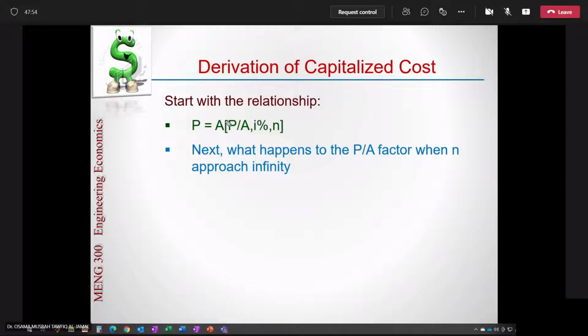Let me repeat again. We want to find that factor. Say, for example, the annuity is equal to 1,000, we have I equal to 10%, and N, let's say, is equal to 140 years.